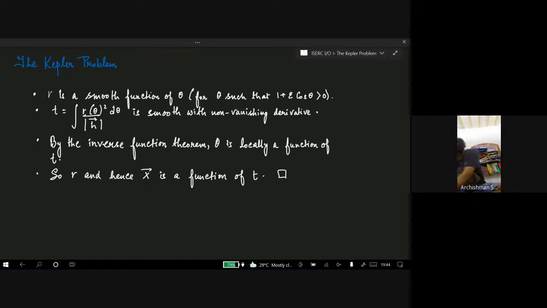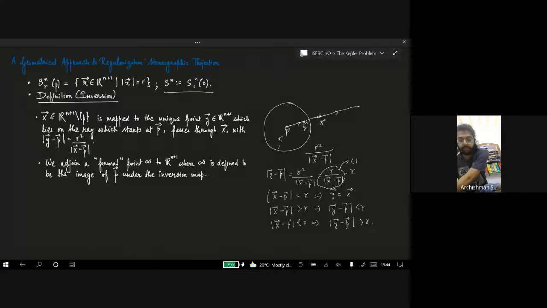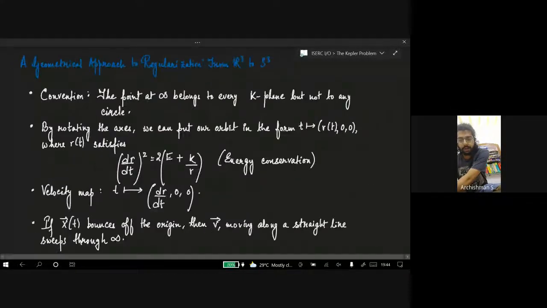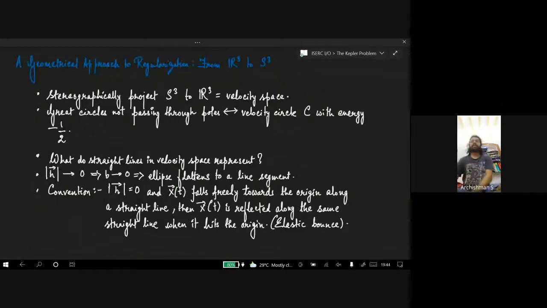In order to do that, we will use stereographic projection. We'll first stereographically project S3 to R3, where R3 I'm considering to be my velocity space.